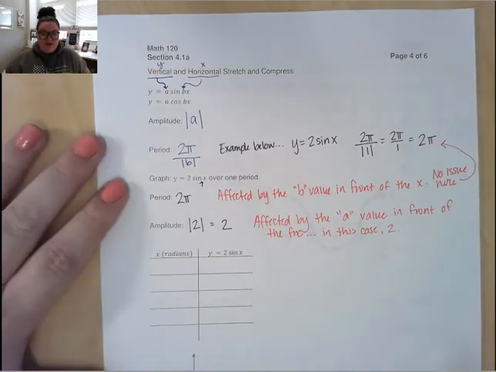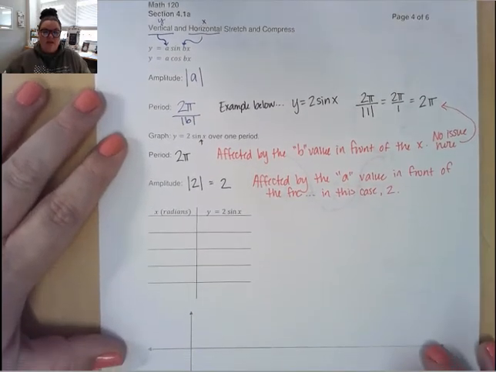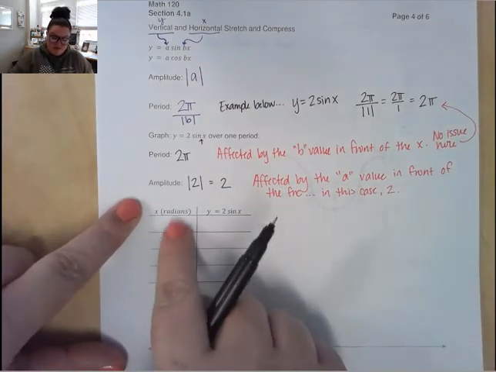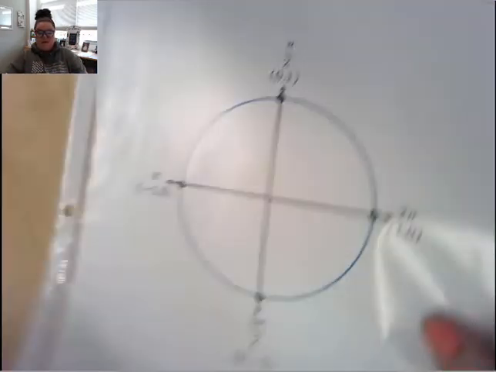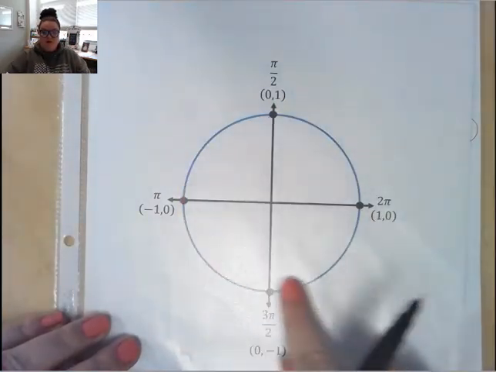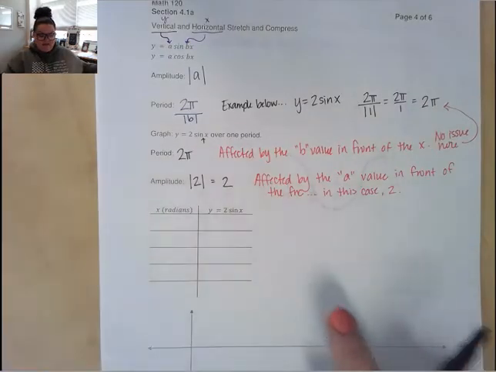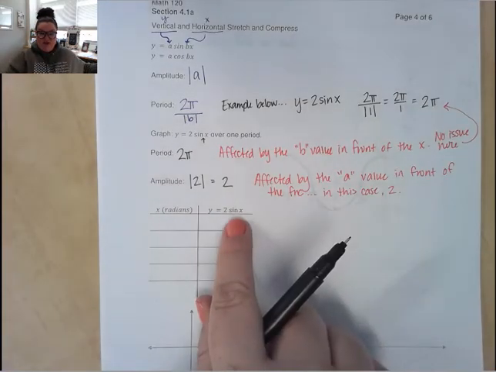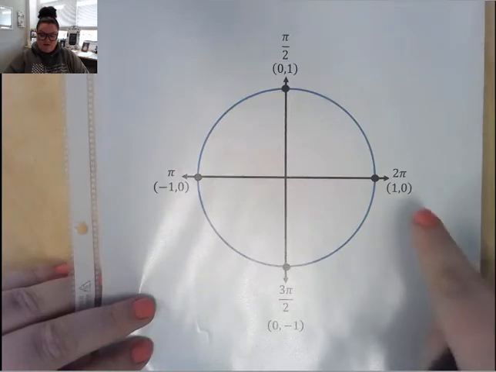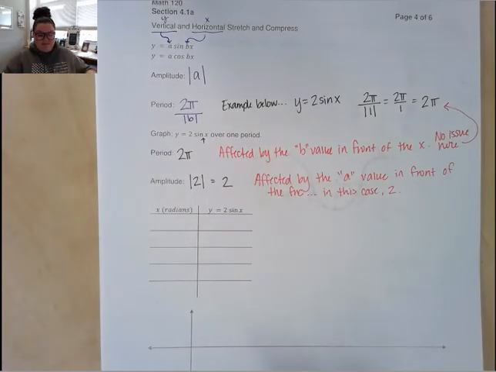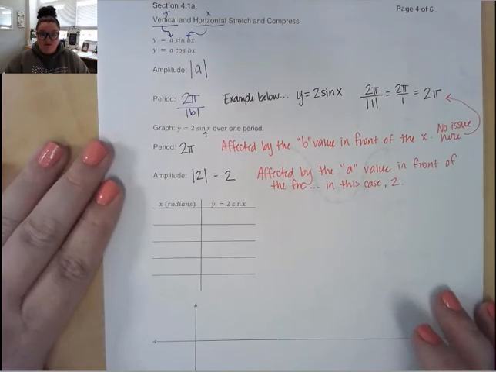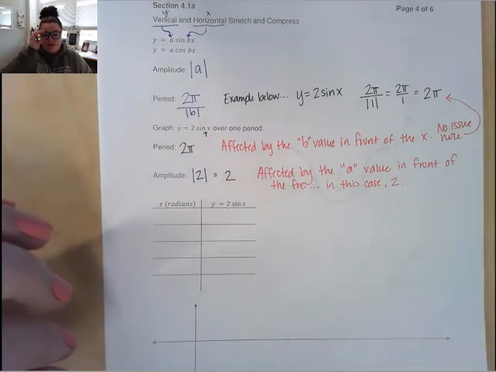All right, let's go ahead and fill in our values. We always pick those nice radian values that come from our unit circle. Because this is a sine function, we are going to be using the y values as we go around. This is something you're going to want to memorize. You're not going to have this little circle available to you when you're taking tests.